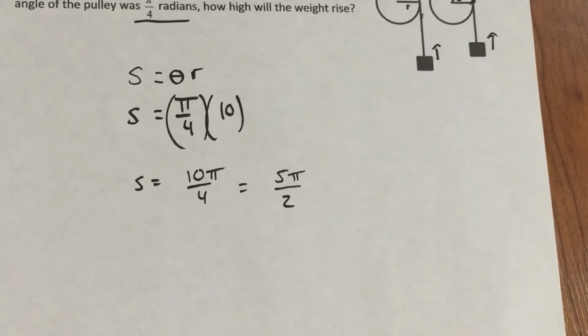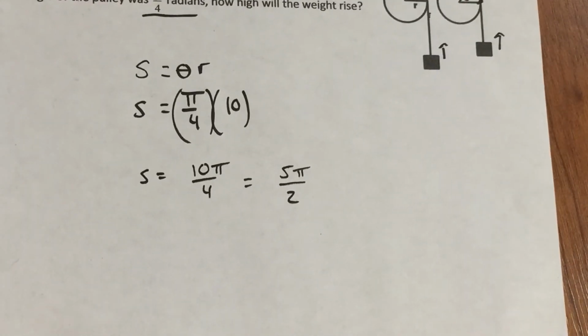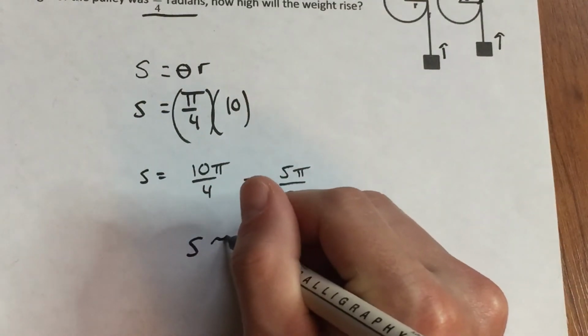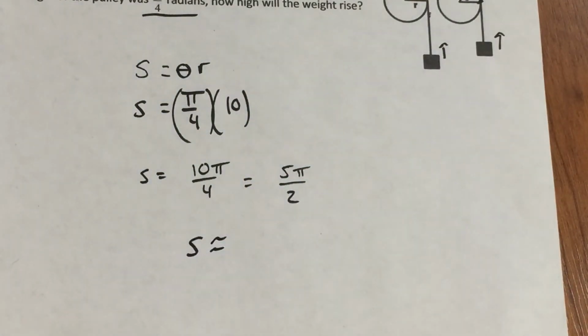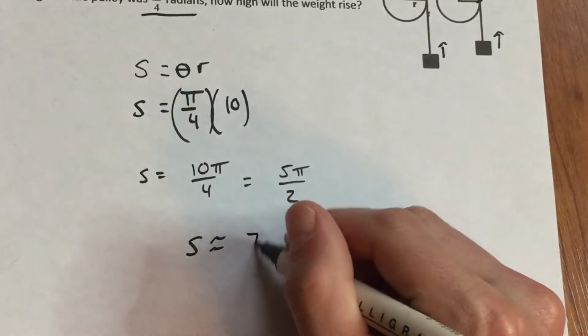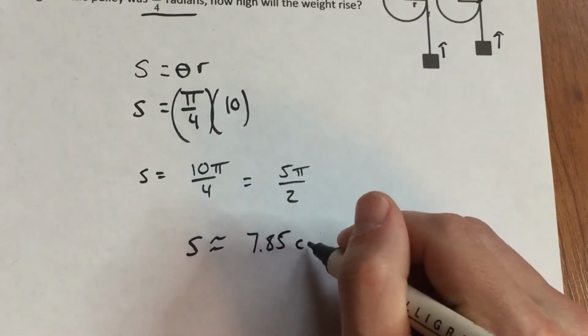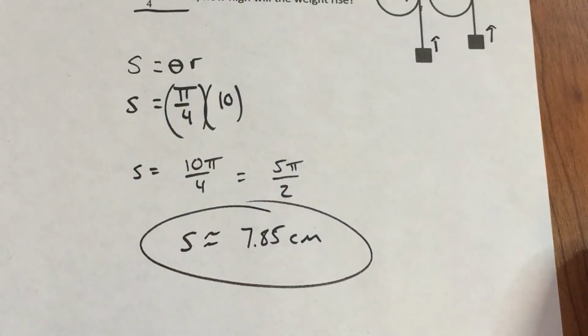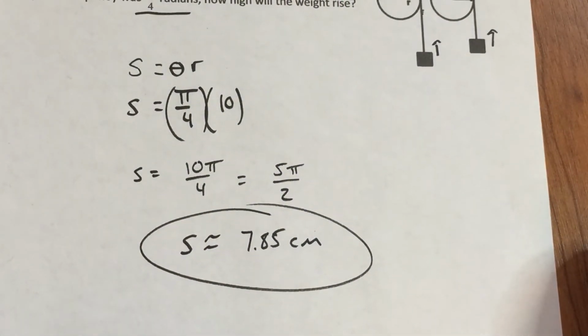Oops, sorry, I was off screen a second. That's our arc length. Now, let's just say we get into decimals. We'll just do kind of an approximation here. So our arc length is approximately 7.85 centimeters. That's how high the weight will rise.